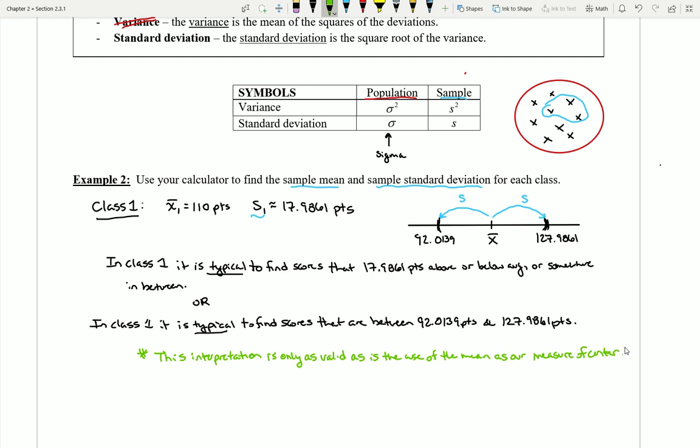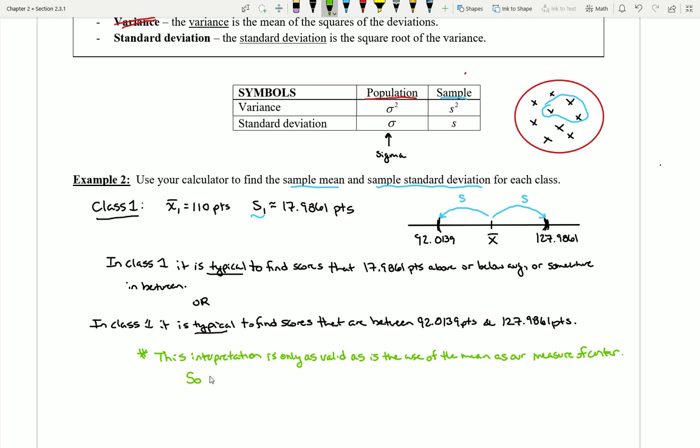Remember that in the last section we talked about the idea that we don't always want to use the mean to represent a data set. Specifically, in skewed data sets, the mean was not helpful. It got pulled up or pulled down by the very high or very low values. So it's very important here that this interpretation only be taken seriously if we have a symmetrical distribution.